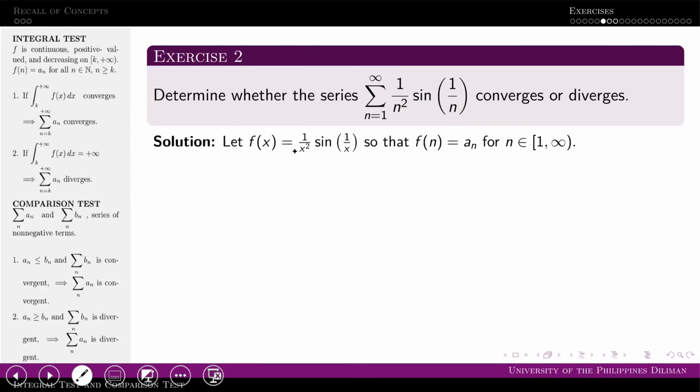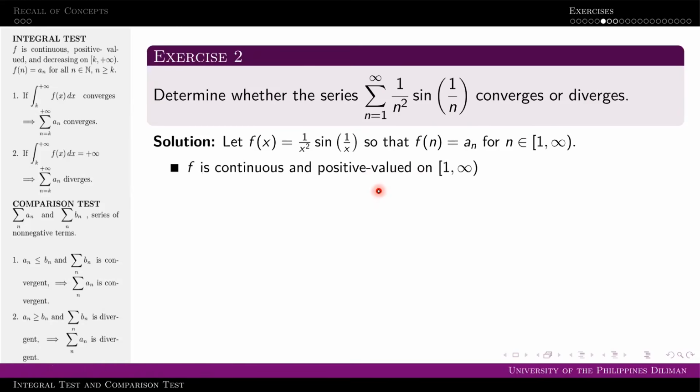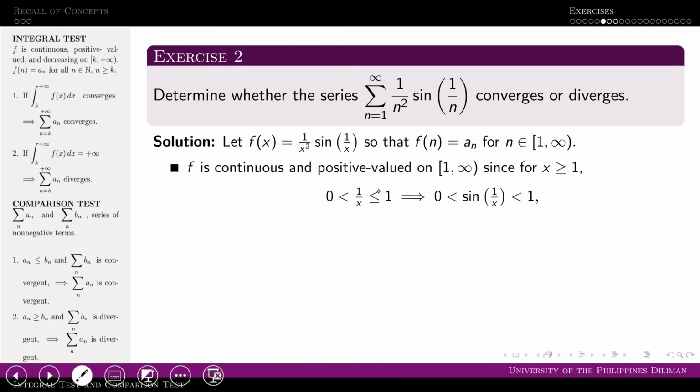We let f to be 1 over x squared sine 1 over x, para yung f of n natin equal sa a_n for our interval 1 to infinity. Tapos clearly naman, continuous yung f natin, and yung positive valuedness niya, we can argue na kapag si x greater than or equal to 1, yung 1 over x mo would be between 0 and 1.